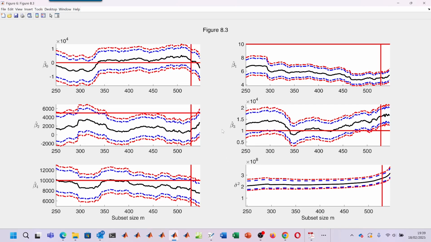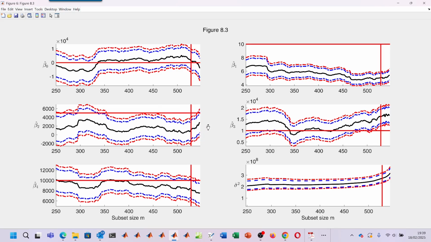What we would like to stress is not so much these particular parameter estimates as what an informative tool the monitoring plots from the forward search are. In this plot, we also have a red vertical line. The red vertical line indicates the subset size for which we start finding the outliers. And you can see the effect of the outliers, for example, on the estimate of beta 2.